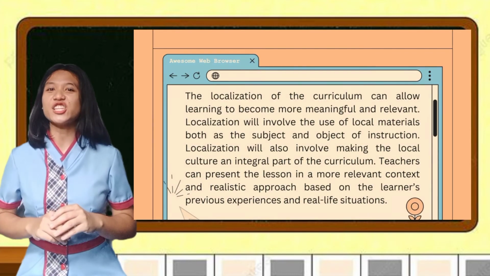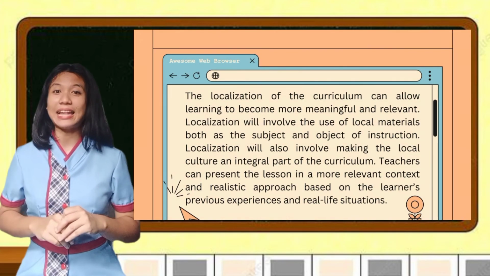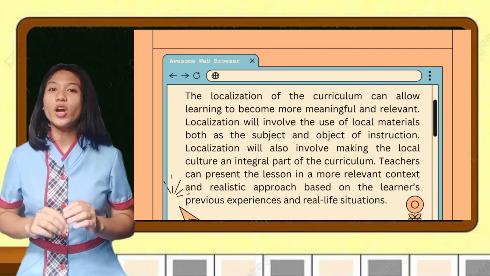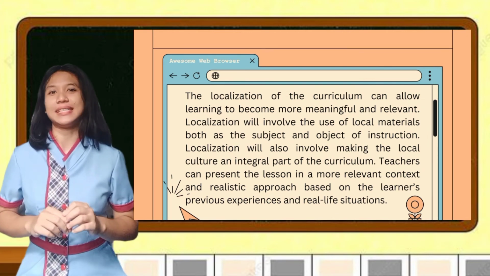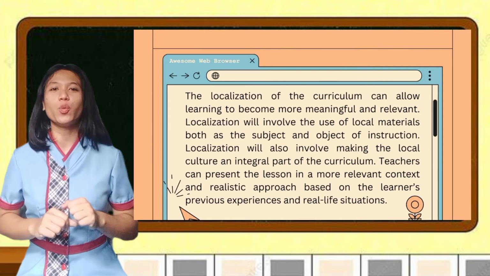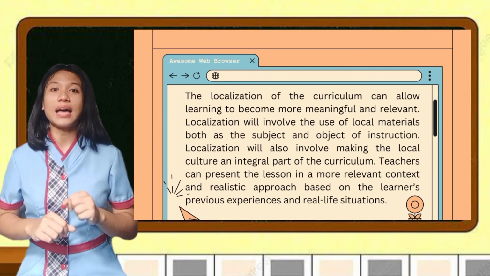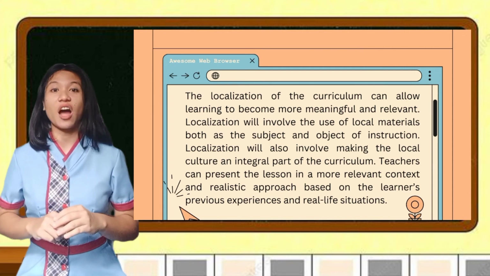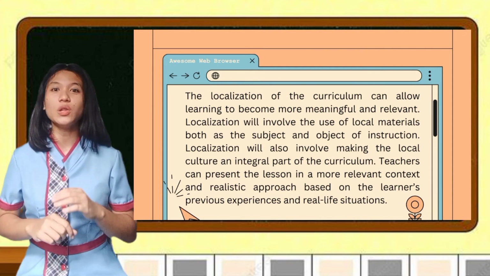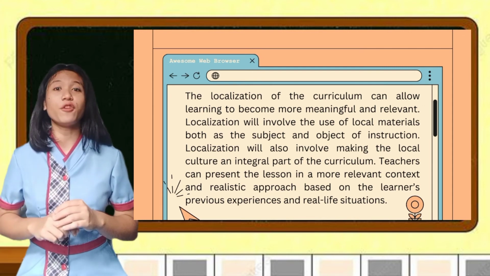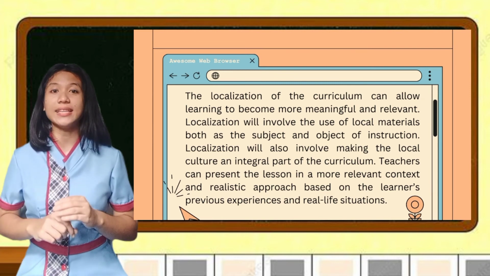The localization of the curriculum can allow the learning to become more meaningful and relevant. Localization will involve the use of local materials, both as the subject and the object of instruction. Localization will also involve making the local culture an integral part of the curriculum.